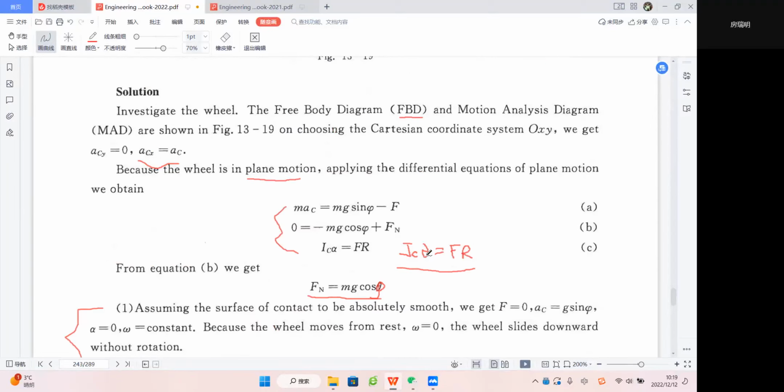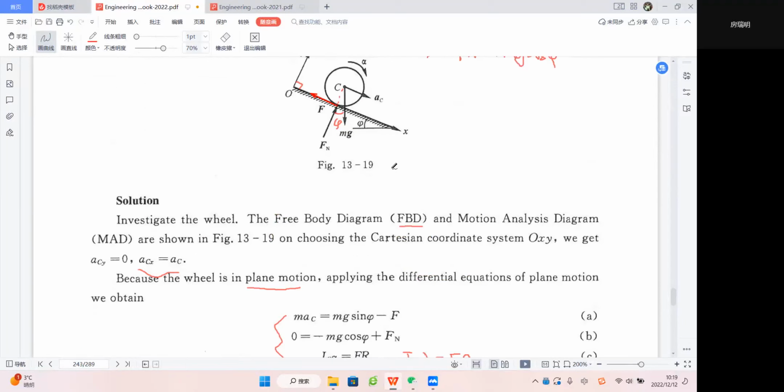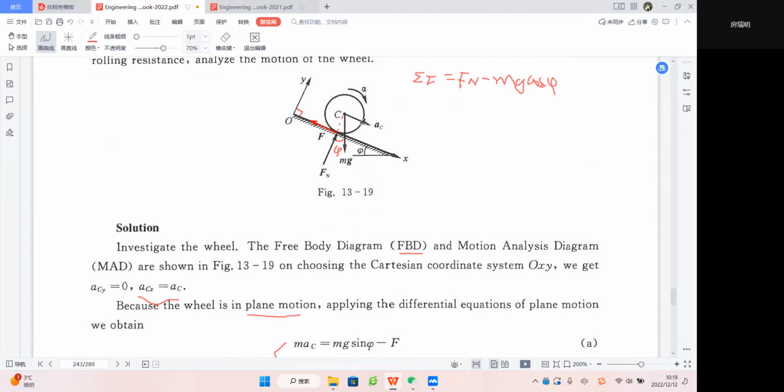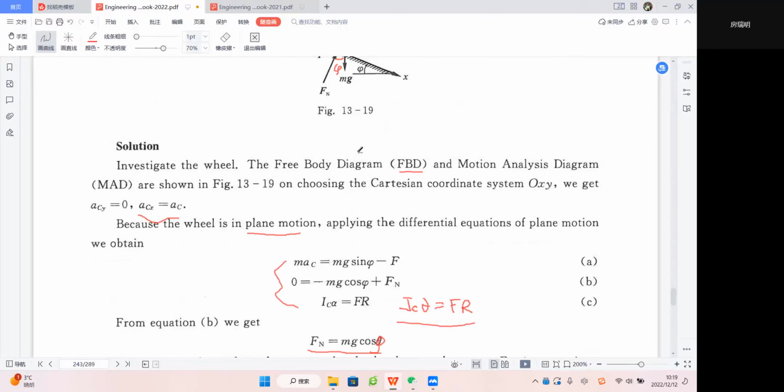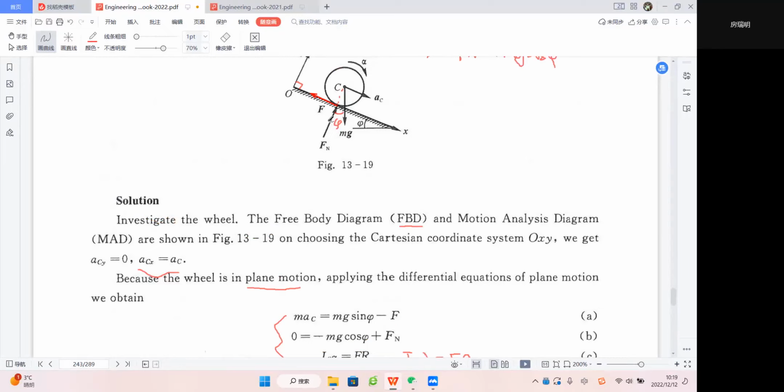So we have J_C alpha will equal all the external forces' geometric sum of moment to point C, which is its mass center C. So we can find here, because Fn and mg, their action line will go through this axis, right? So this Fn and mg will never have moment to point C, right? Never have moment to point C.